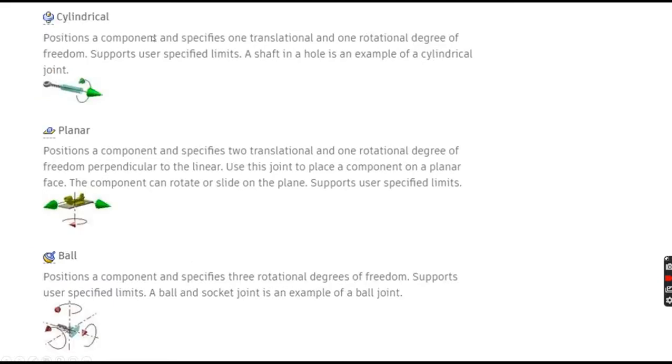Cylindrical specifies one translational and one rotational. Okay, a shaft and a hole is an example of cylindrical, where it can go linearly and rotationally. Planar positions a component and specifies two translational and one rotational degree of freedom. Ball is like a ball joint. I've never used this. Alright, we're going to take a look at some demos to look at some of these different ones.